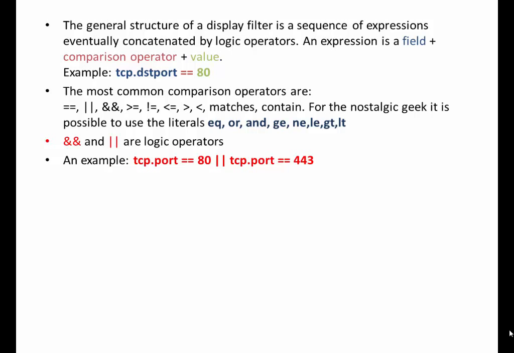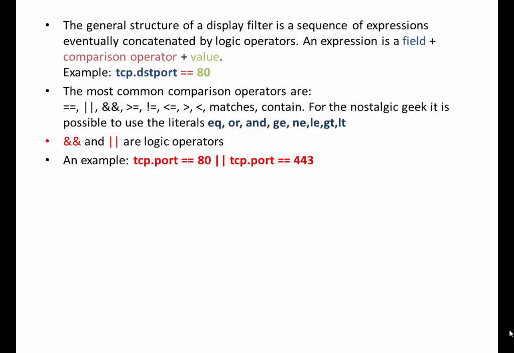And so this is an example: tcp.port. What is the difference between tcp.dstport, tcp.srcport, and tcp.port? dstport is the destination port, srcport is the source port. Port can be destination or source.